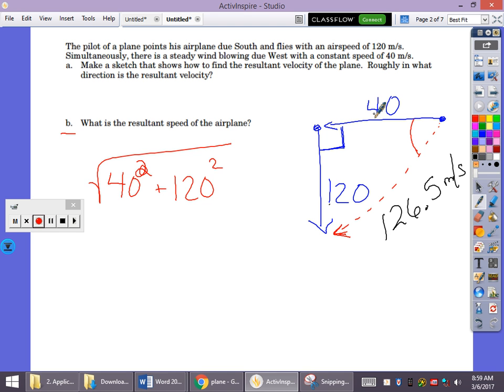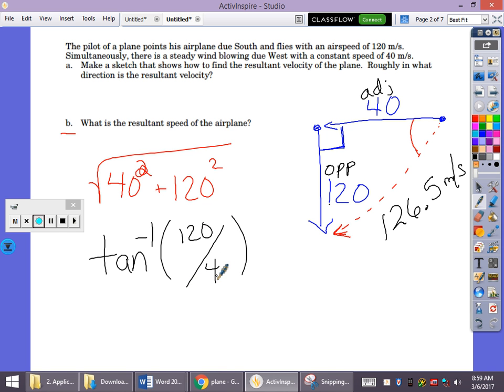Compared to the angle, 120 is opposite, and 40 is adjacent. Which trig identity uses opposite and adjacent? Tan. Am I going to use tan or inverse tan? Inverse, because I'm trying to find an angle.